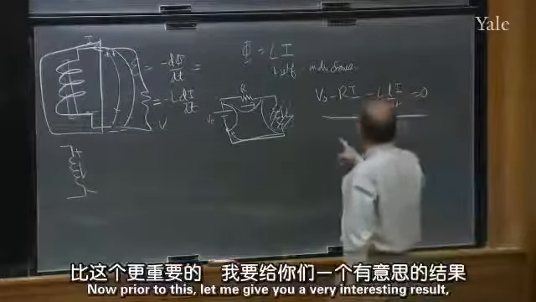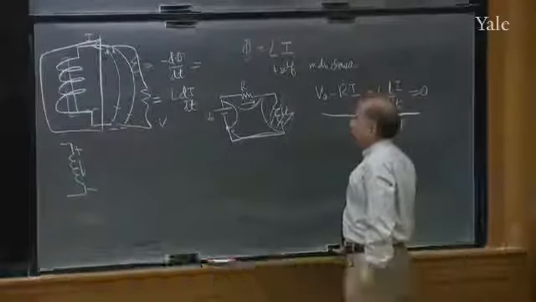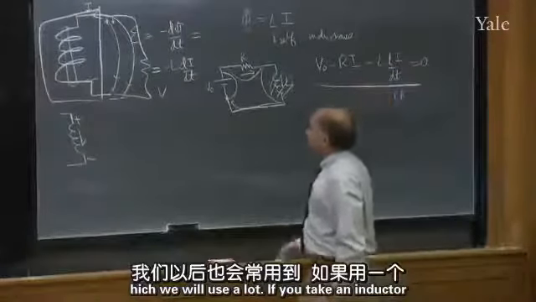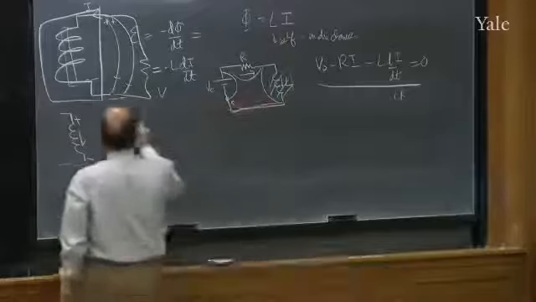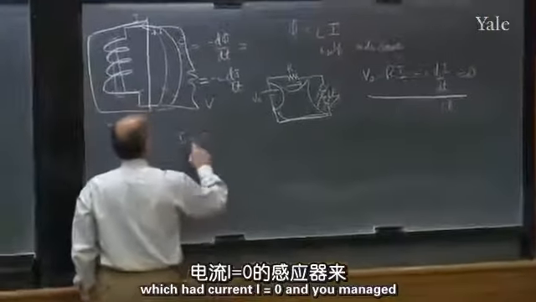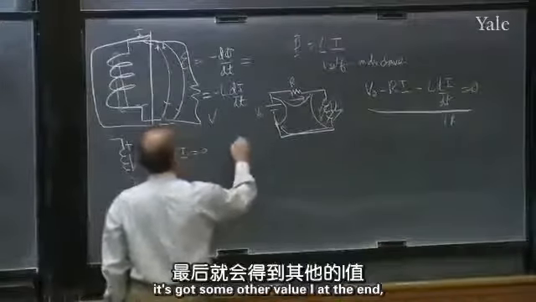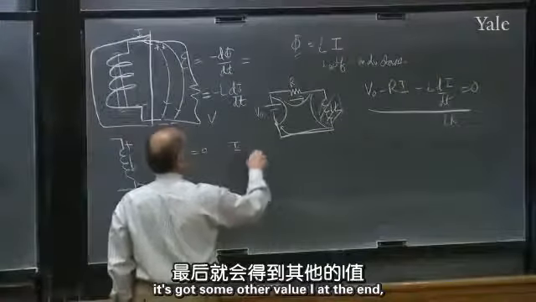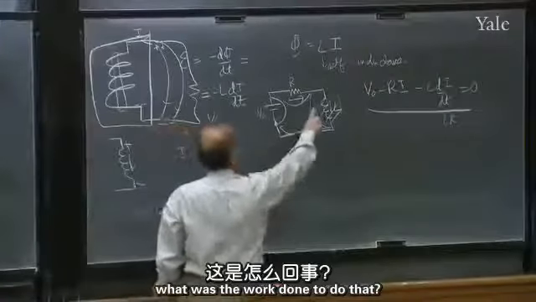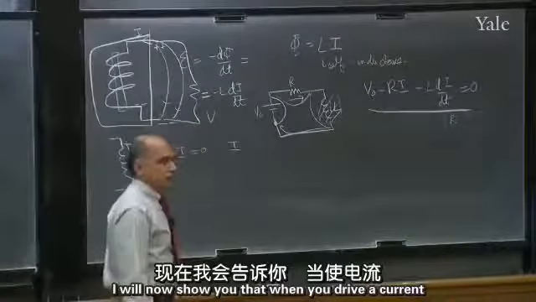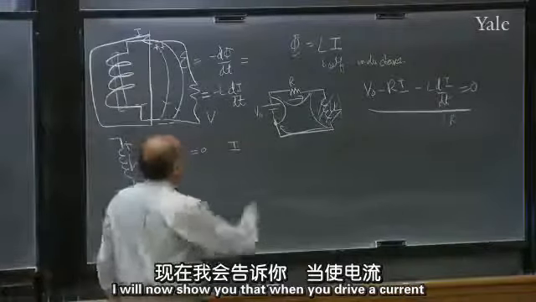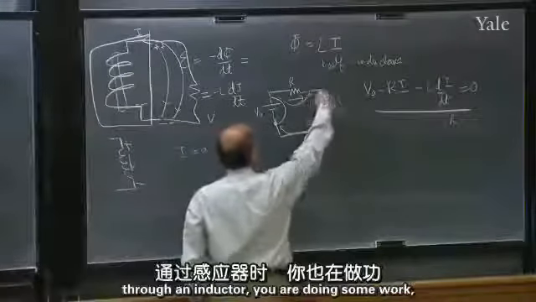Now prior to this, let me give you a very interesting result, which we will use a lot. If you take an inductor which had current I equal to 0, and you manage to drive a current through it and slowly build up the current, it's got some other value I at the end, what is the work done to do that? I will now show you that when you drive a current through an inductor, you are doing some work.